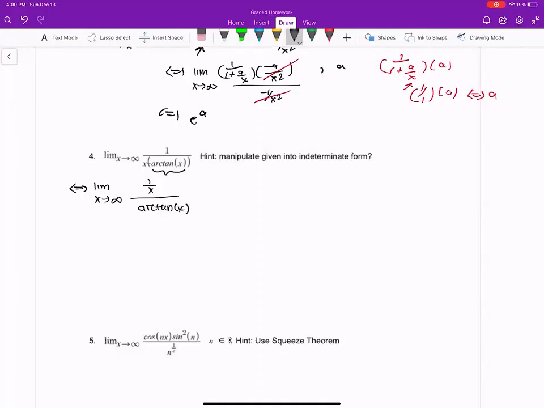Now if you plug in infinity, you get 0 over infinity, which is an indeterminate form. Therefore, you can differentiate the top and the bottom. So as x goes to infinity, you get negative 1 over x squared.